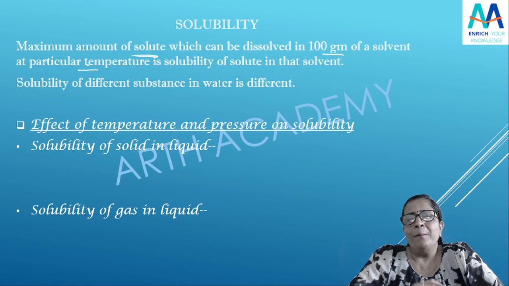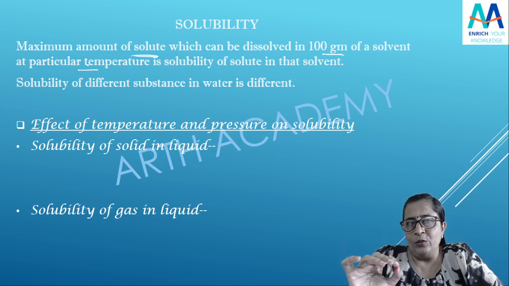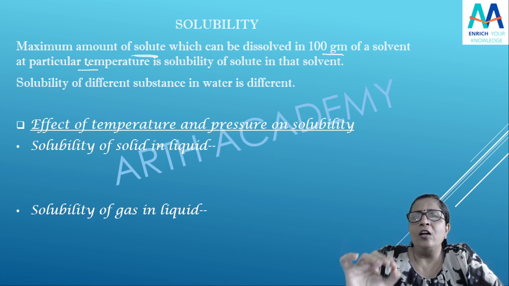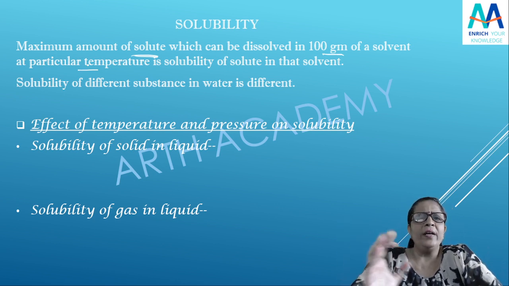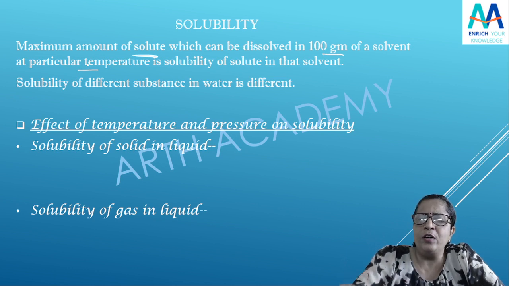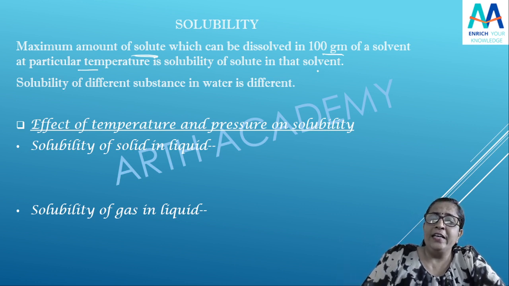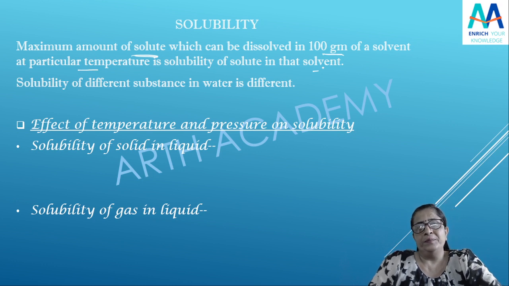The solvent can be anything. If water is the solvent, we will say the maximum amount of solute dissolved in 100 grams of water at a particular temperature will be the solubility of the solute in that solvent.